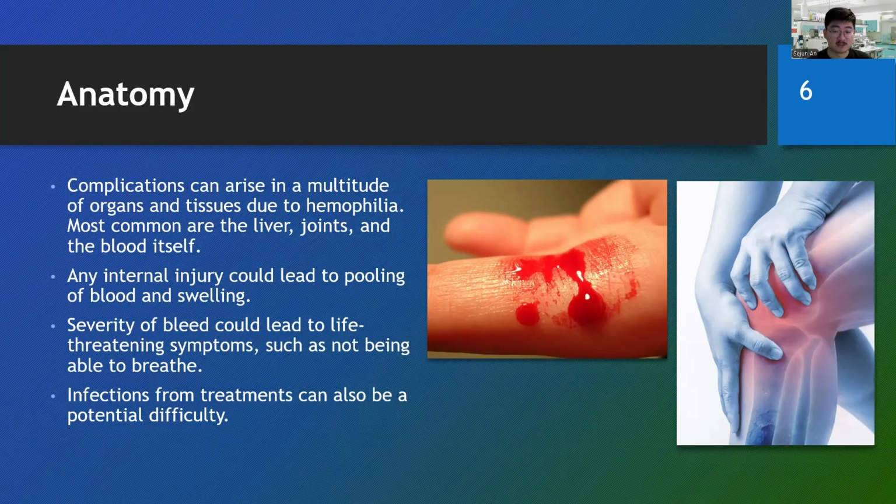For example, a bleed in the throat could cause swelling and close the airway, leading to suffocation. The severity of the bleed will determine the threat of the injury. Furthermore, infections could develop from bacteria that enters the bloodstream or even treatments of the condition itself, leading to new potential difficulties.